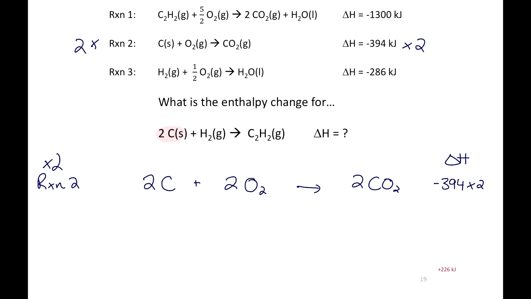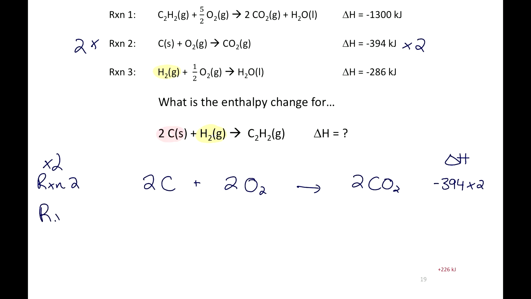Next, let's move on to hydrogen, right? What reaction do we want to work with? Reaction 3. So if you look here, there's hydrogen, and hydrogen just shows up in reaction 3. It doesn't show up anywhere else, right? Correct. So just reaction 3. So is hydrogen in the right place? Yes. Is it in the right number? Yes.